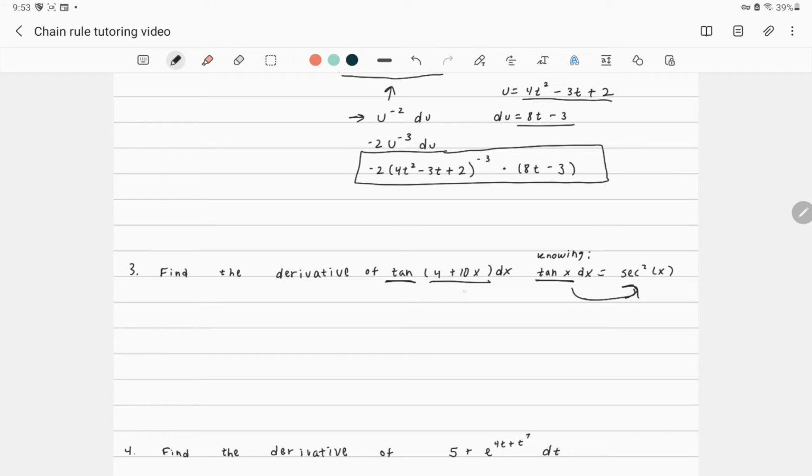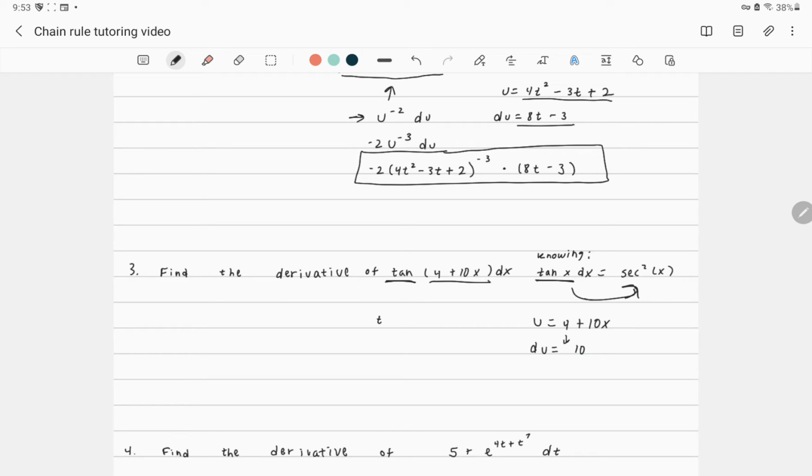But first we're going to pull out what's inside the parentheses and make that u. So u equals 4 plus 10x. du is going to equal 0 plus 10, because this becomes 0 but you don't need to include that.